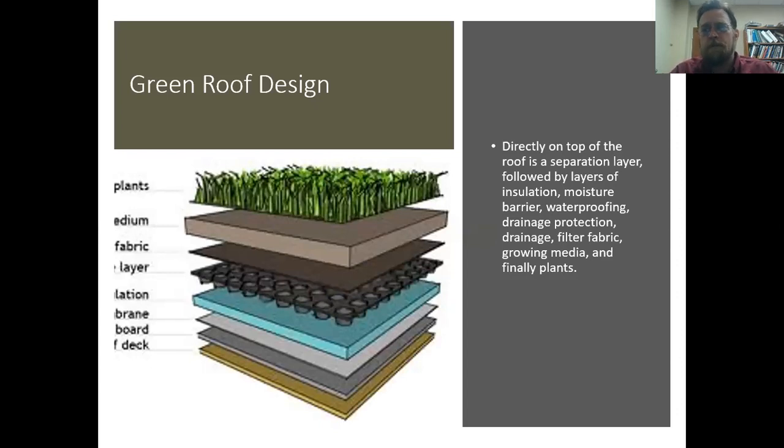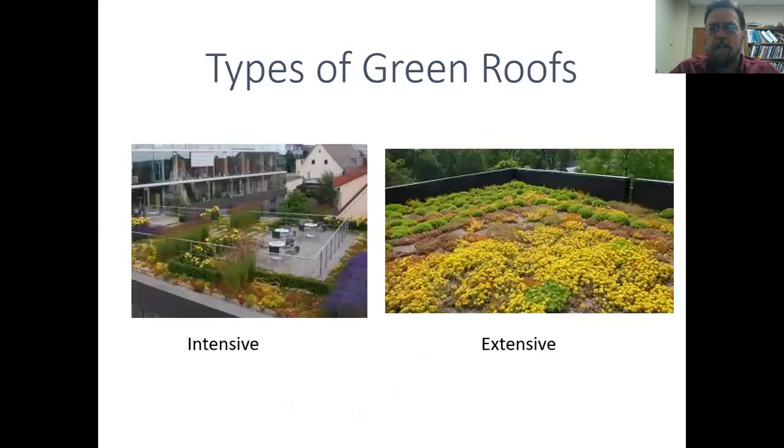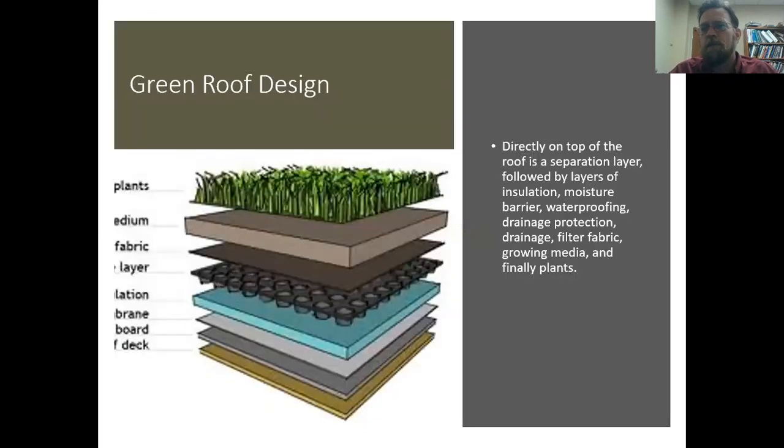Of course, you need a moisture barrier. You don't want water coming into your building. Lots of protection for water movement. Then you have that media, and then the plants are grown on top of that. And there is a green roof down here on the coast of Mississippi that is what we would consider that extensive green roof design. But we do see more and more of these being integrated into urban environments.